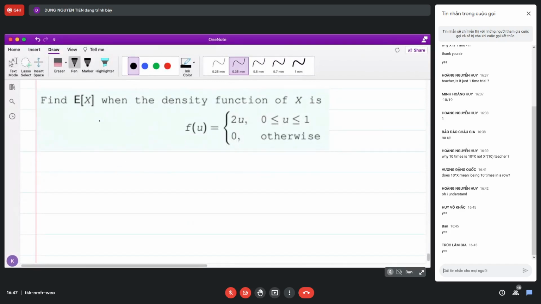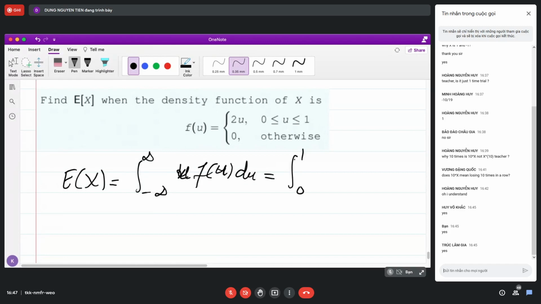Then you want to find the mean of X. Can you do that? In this case, the mean of X is simply the integral from minus infinity to infinity of u times f(u) du. And that would be the integral from 0 to 1, right? Because outside the interval, the function is 0.